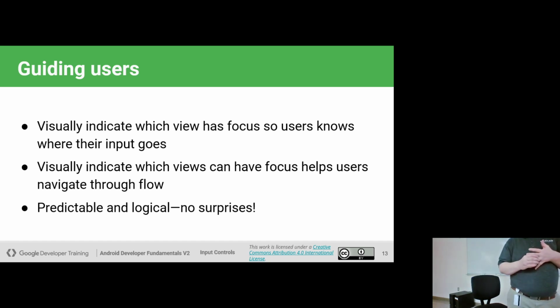Okay. It also can help to have some sort of indication that something is clickable. So especially if we're doing something odd, right? If we're making something clickable that isn't normally clickable, then we may want to indicate that to the user somehow. If we're making something not focusable or focusable that normally wouldn't be, we also need to indicate that to the user.